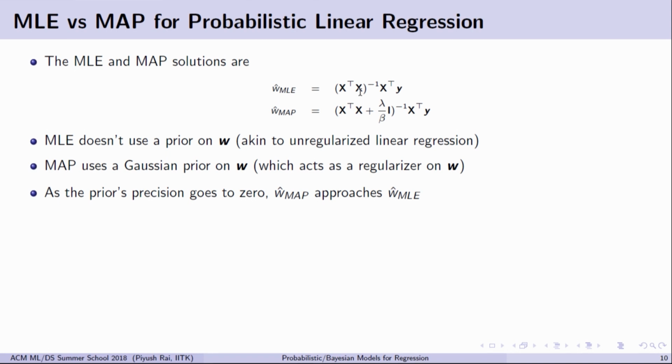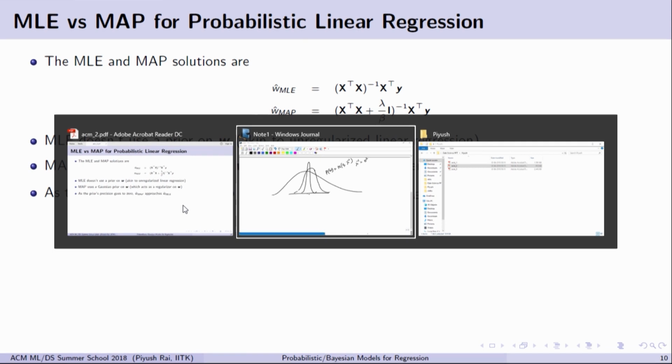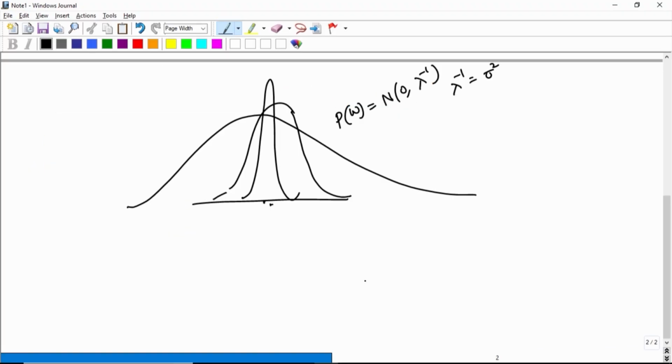Now, as you can see here, what is lambda? Lambda was the precision of the Gaussian prior. Okay, so if lambda goes to 0, then this MAP solution approaches the MLE solution. If I set lambda to very small or maybe exactly 0, then these two solutions become identical, right? Which means that as the prior's precision goes to 0, the variance is very large. Let me again use the picture to show the idea. A Gaussian, as I said, looks something like this, right?